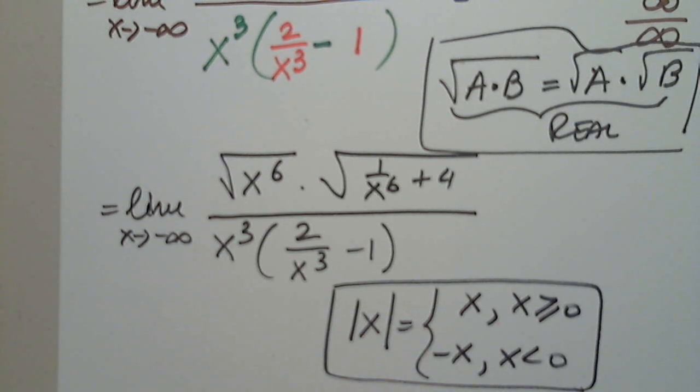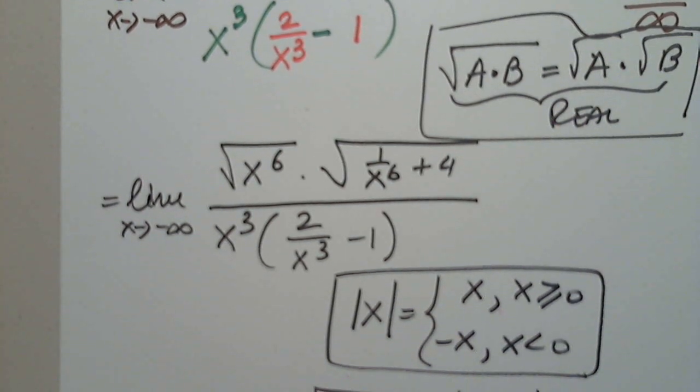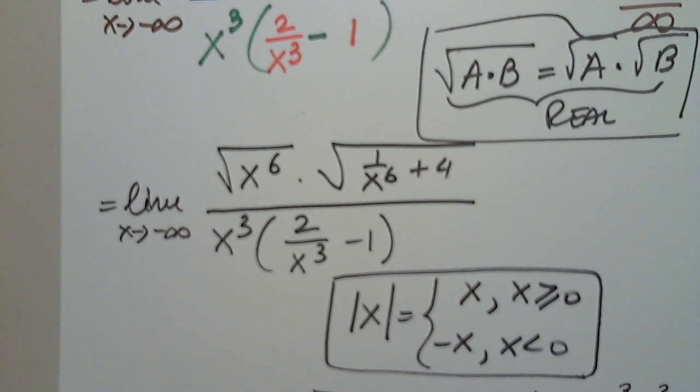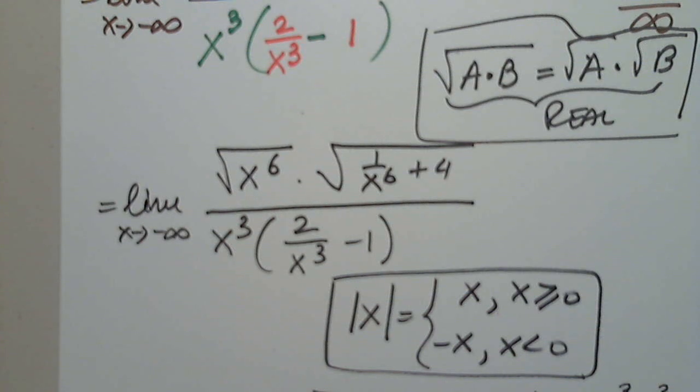This has to be a positive number. If you write x to the third without the absolute value, this could be negative. So it has to be positive equals positive, which gives us these two options. So this is x to the third when x to the third is greater than or equal to 0, or negative x to the third when x to the third is less than 0.